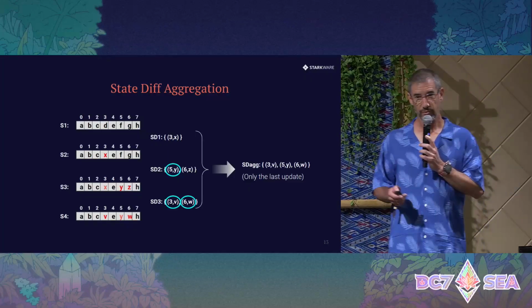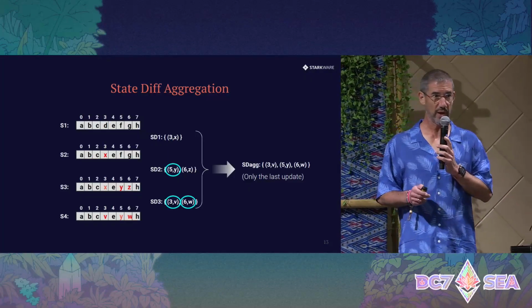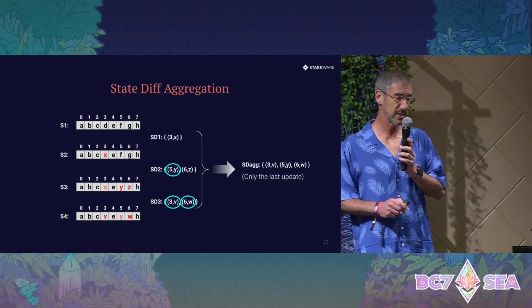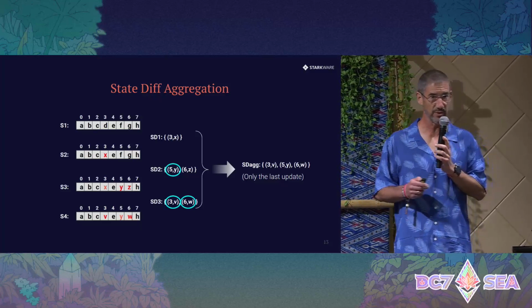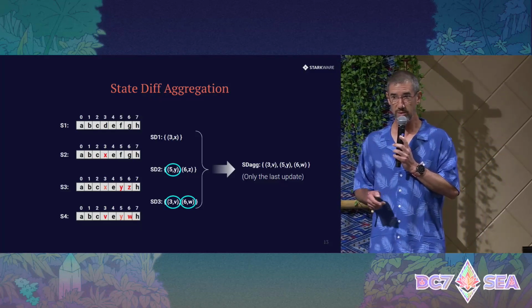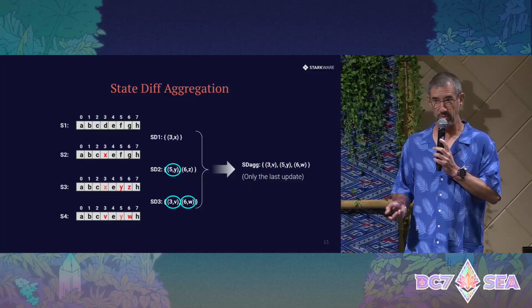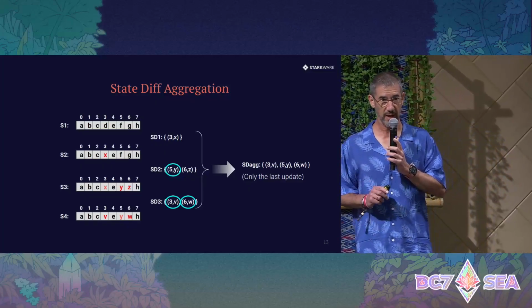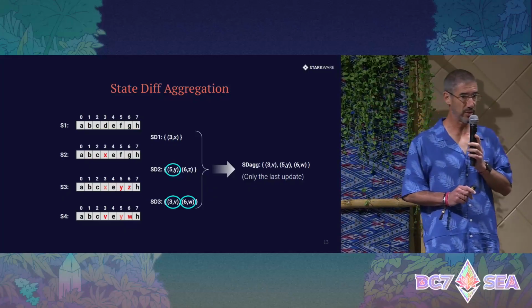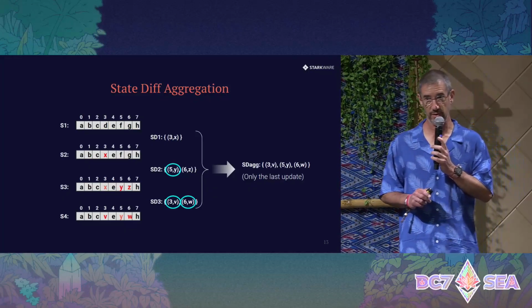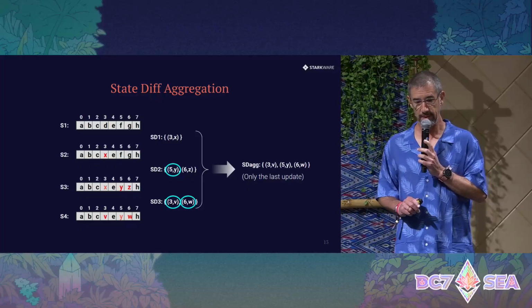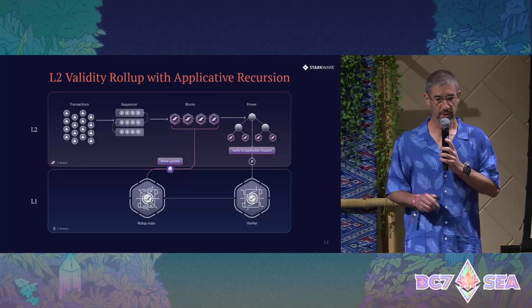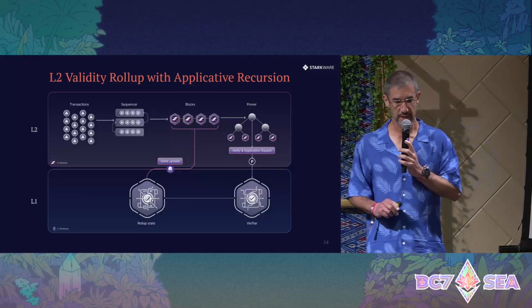Now in reality, for validity rollups, it happens quite a lot that the same positions in the state are changed multiple times, even within a block, and certainly between blocks, especially if there are many, many blocks or large blocks. So this kind of aggregation is very important to improve efficiency of state diffs transmitted to the blockchain. But also other things can be done, and I'll go into examples in a moment.